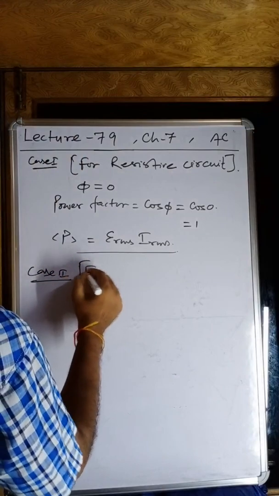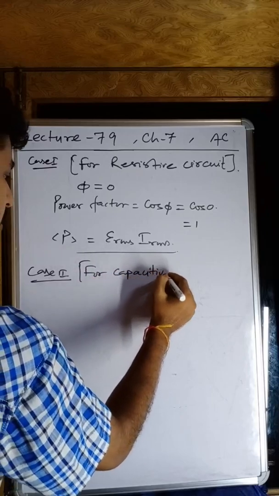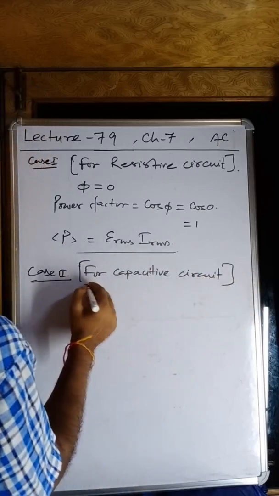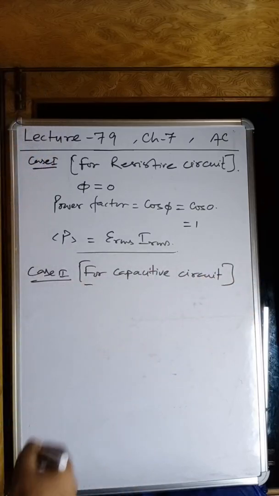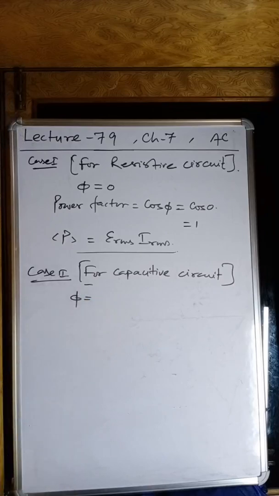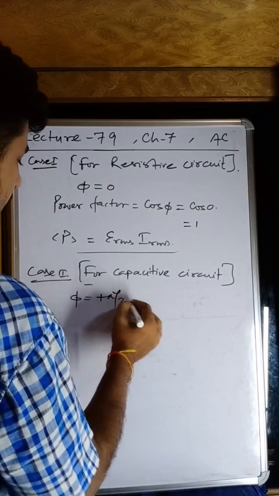Okay, case 2, for capacitive circuit, we know, my dear students, for a capacitive circuit, what should be the phi? Pi by 2, minus or plus. We know that current leads in a capacitive circuit, so it is pi by 2.